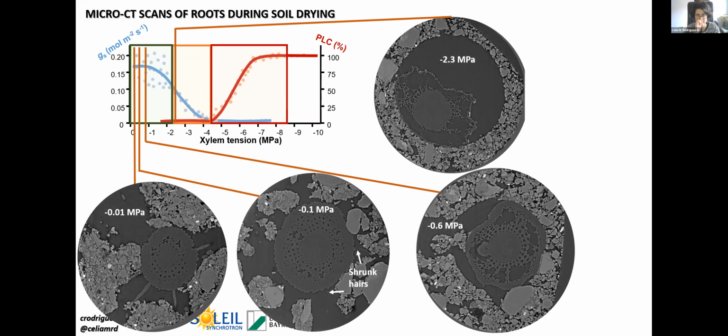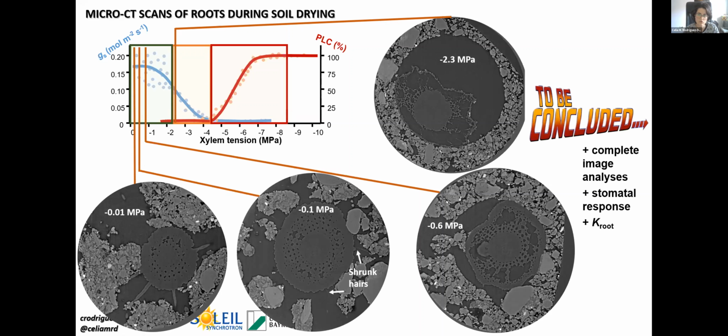But we still need to conclude this experiment, because we need to quantify the shrinkage and this disconnection, the lacunae formation, and also add the characterization of the stomatal response of these plants and the quantitative measurement of K root.